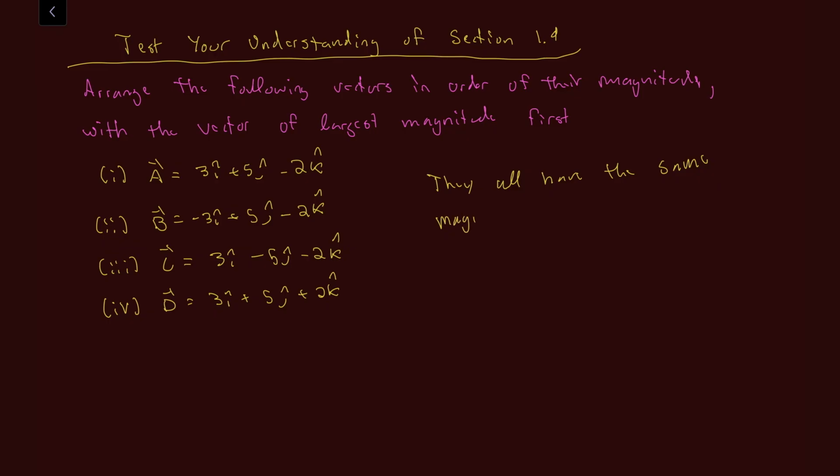All you need to do is look at their components, and you see that they're the same but with different signs. But when you plug them into the equation for magnitude, it doesn't matter if they're different signs because they get squared. Therefore, they all have the same magnitude. Cool. That's it for section 1.9. Let's move on to section 1.10.